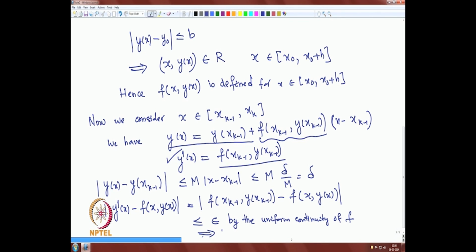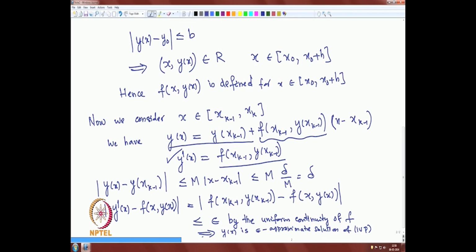So y(x) is an epsilon approximate solution. y is in C^1_p and |y' - f(x, y)| is less than epsilon at all points at which the derivatives are defined.